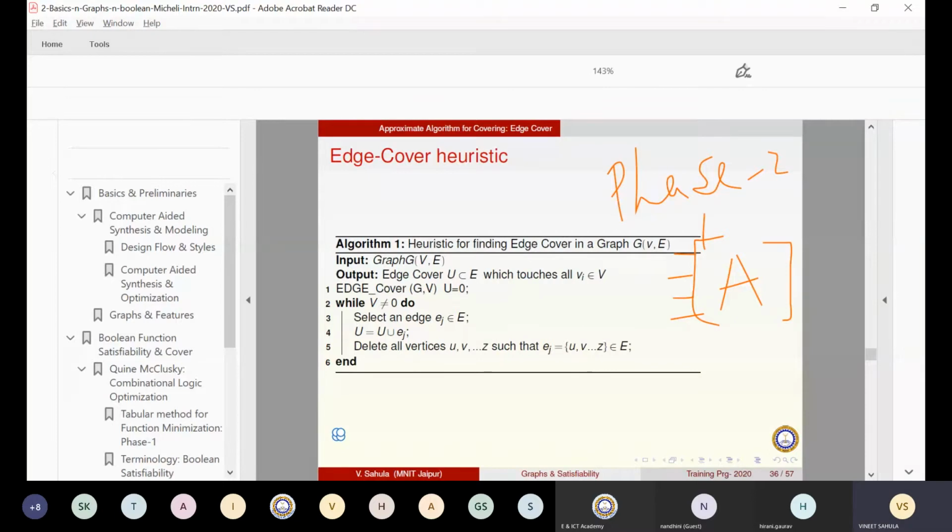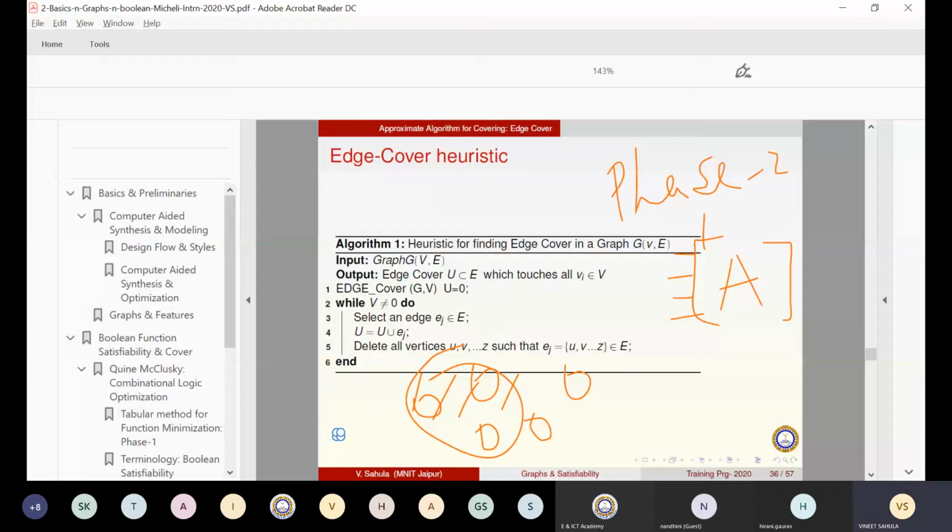But now I take it as a graph. Is it okay? So each row is a vertex. And each column is an edge. Because each column can have more than 2 ones, that means the edge is a hyperedge. It will connect more than 2 vertices.